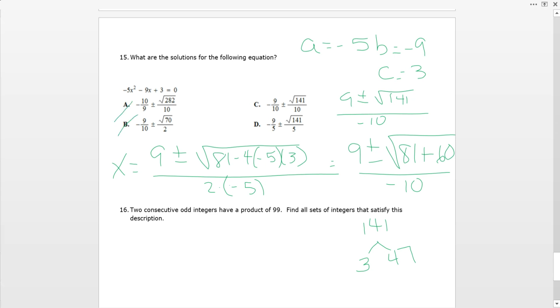And what they did in C, which is the answer, all they did was they took that negative 10 and they put it over the 9, and then they put it over the square root, which is the exact same thing as having it all together in the numerator. So that one is done.